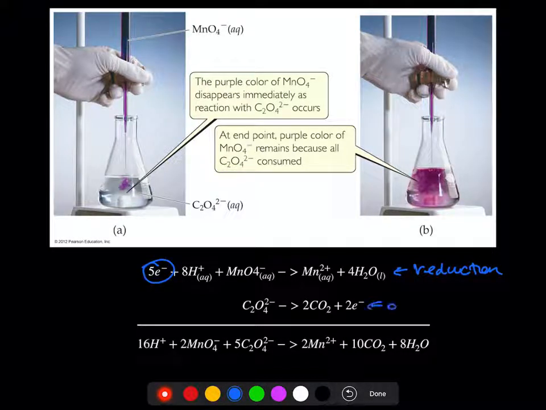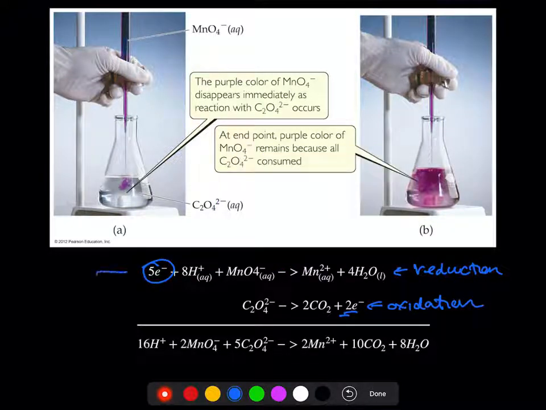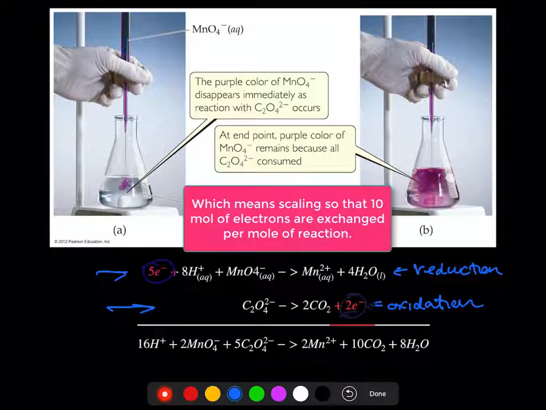Here, this is our oxidation half reaction, and we know that because we are producing electrons. What you'll be given and what you're responsible for is, given this reaction and given this reaction, putting them together and figuring out a whole balanced reaction, where the key is balancing the exchange of electrons.